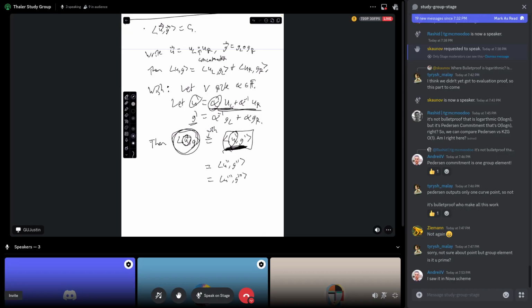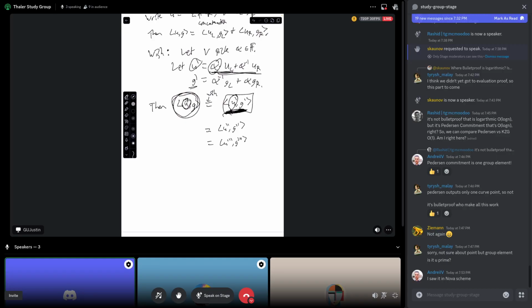And after log n times of this, and again, there's no message from the prover here at all, we wind up with a claim about two length one vectors. Let me just call them U star and G star. And again, the verifier knows G star. Now, of course, computing G star from G takes n scalar multiplications.